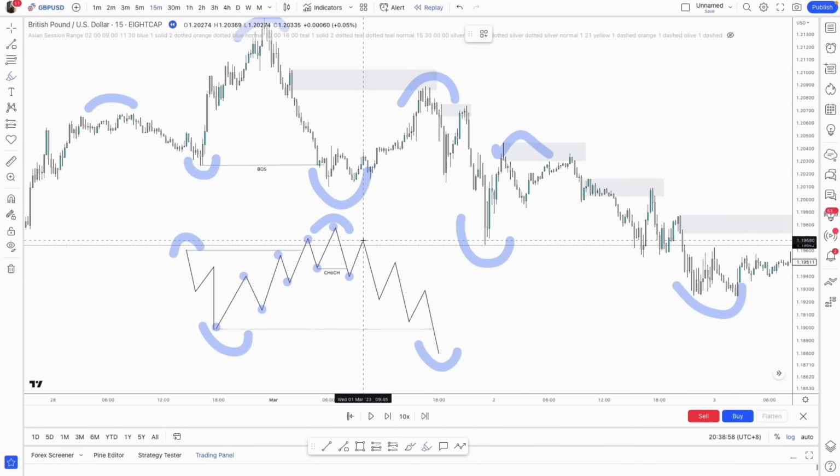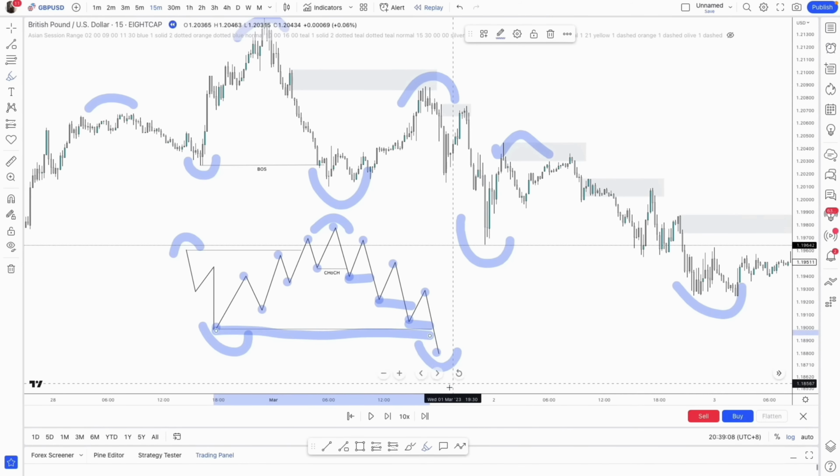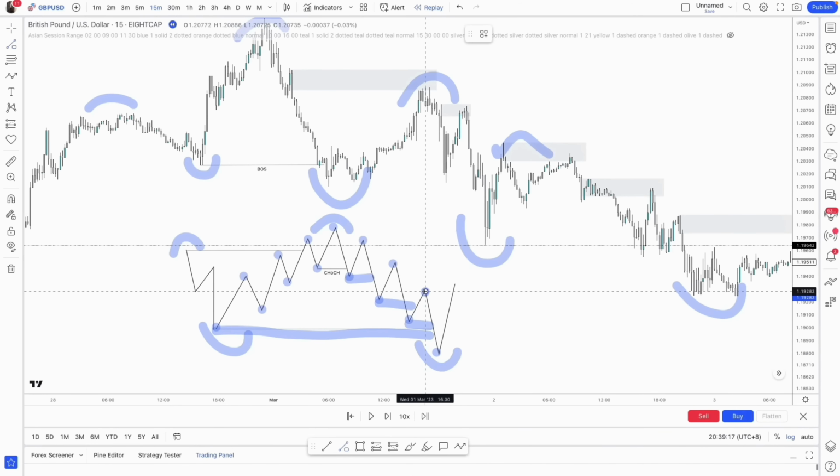And then essentially we have a lower high, lower low, break of structure, lower high, lower low, break of structure, lower high, lower low, break of structure. And then we have our swing break of structure. And then more than likely what's going to happen is we will have another change of character internally. Why?